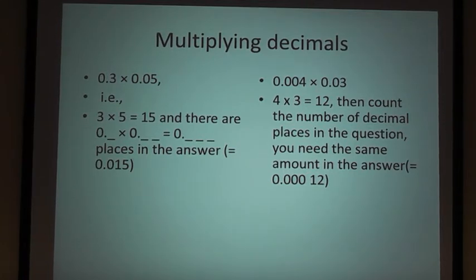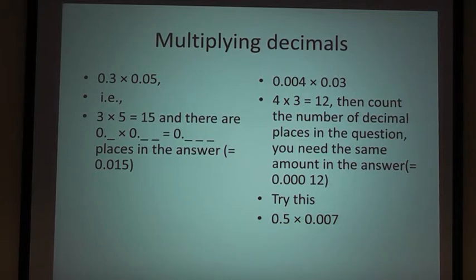Again, you can see it's very, very important that you get the decimal in the right place. So have a try of this: 0.5 times 0.007. And I'm hoping the answer you got was 0.0035.